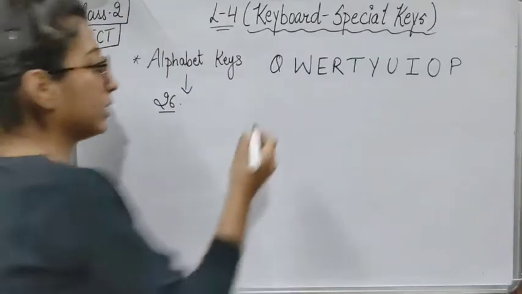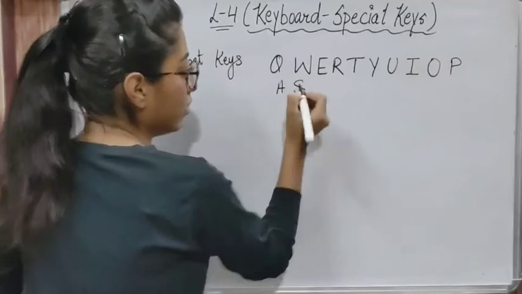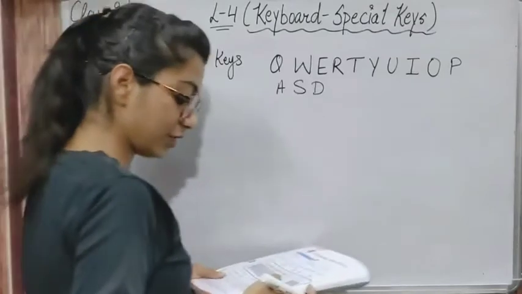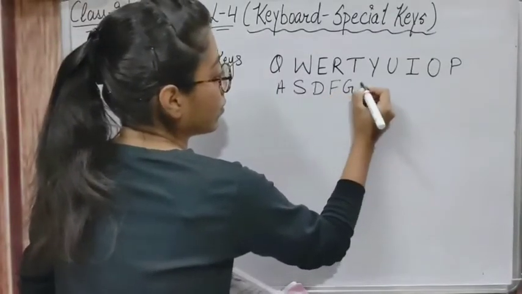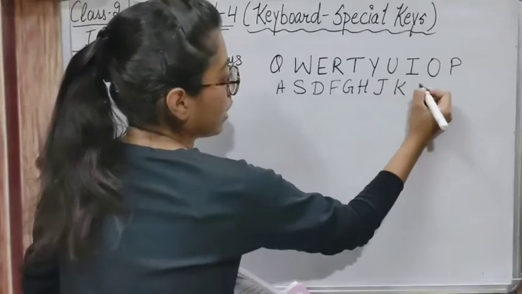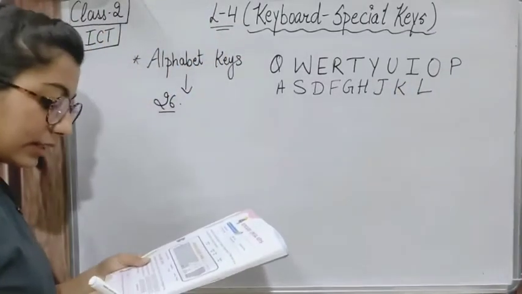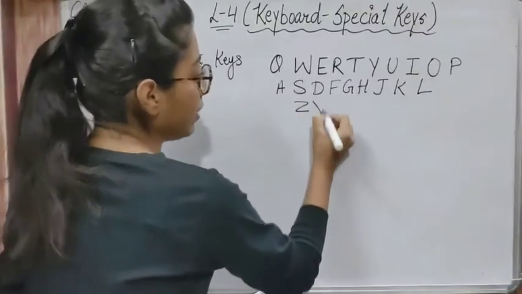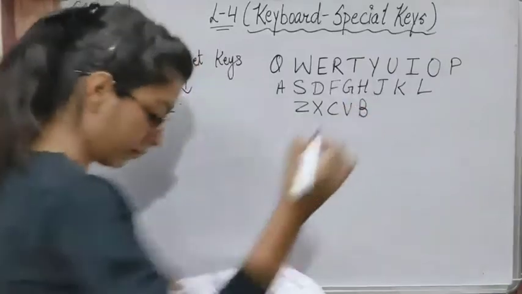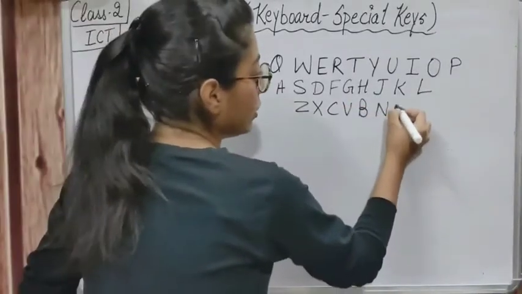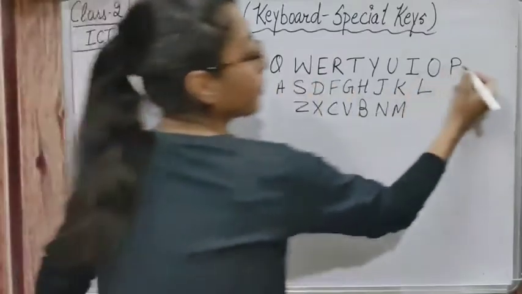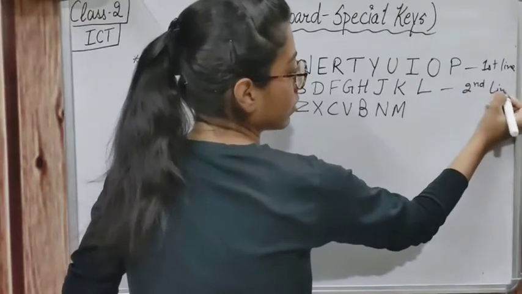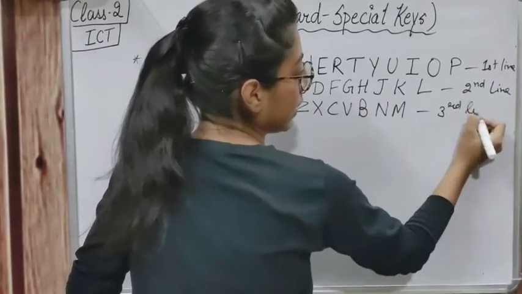Then in the second line, A, S, D, F, G, H, J, K, and L. And then in the third line, Z, X, C, V, B, and M. So these are the 26 alphabets. It is in the first line, the second line, and the third line.